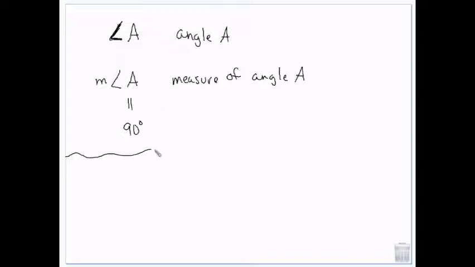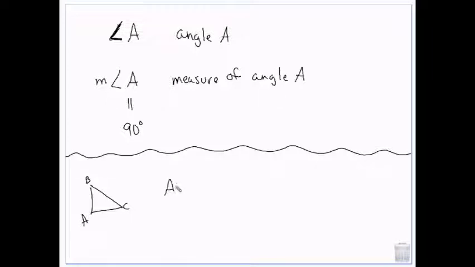And then it's the same thing with segments. When we have our triangle ABC, AB with a line over it is the segment AB.